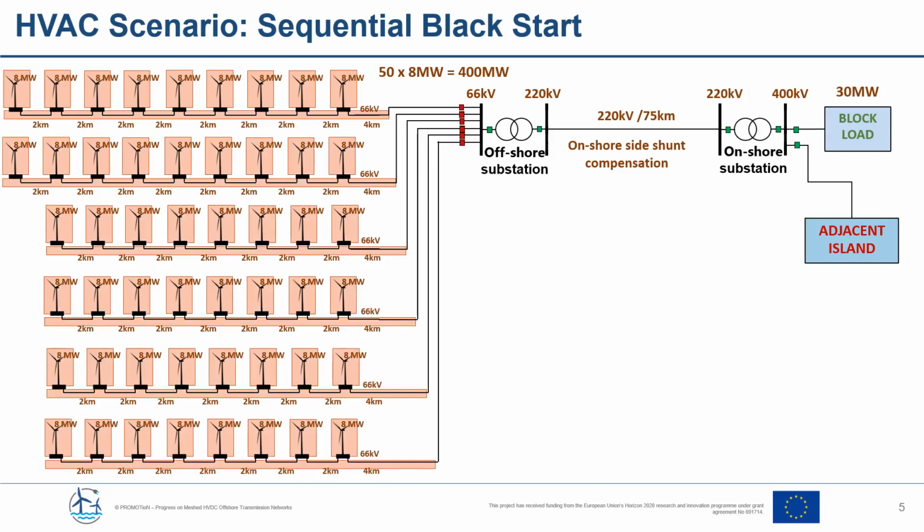At this stage, the whole system will be operating in an island. And then we will energize the offshore substation, the HVAC export cable, and the onshore substation. So once we have the onshore substation energized, we can power up local block loads and finally connect to adjacent islands to continue with the system restoration process.